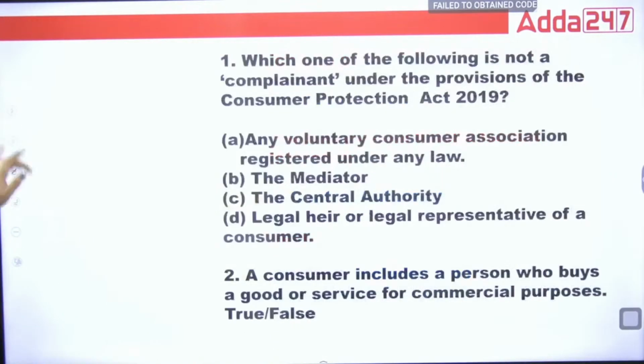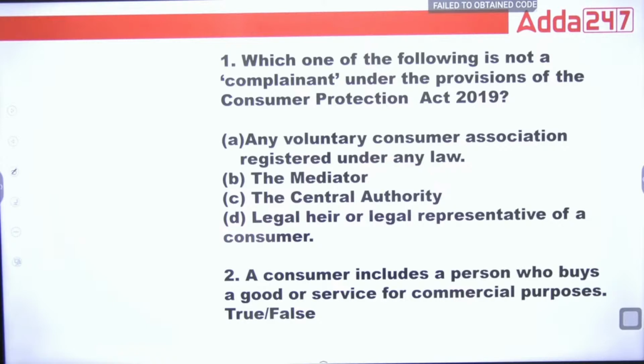Okay, now let's do the question. Which one of the following is not a complainant class? Tell me, which is not the complainant under the provision of this? Any voluntary consumer association registered under this act, mediator, central authority, legal heir and legal representative.